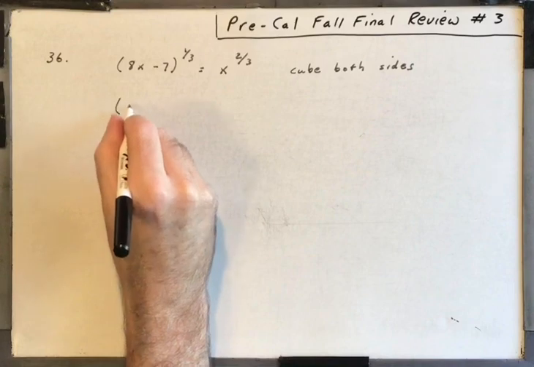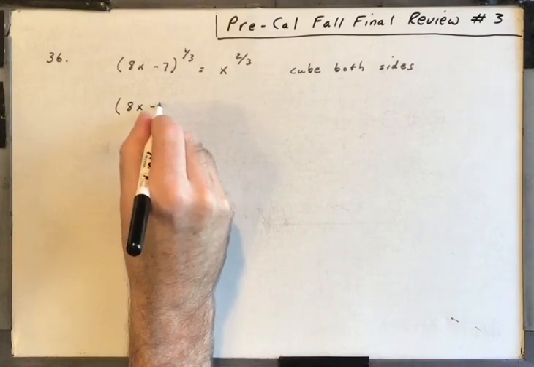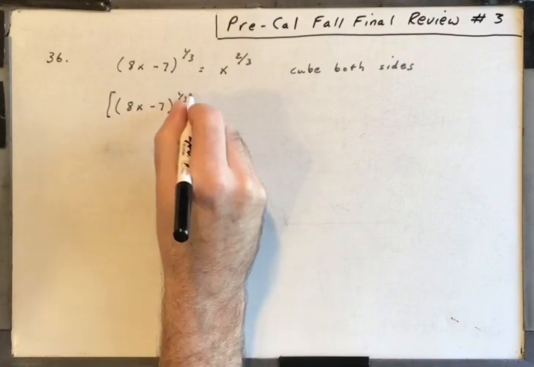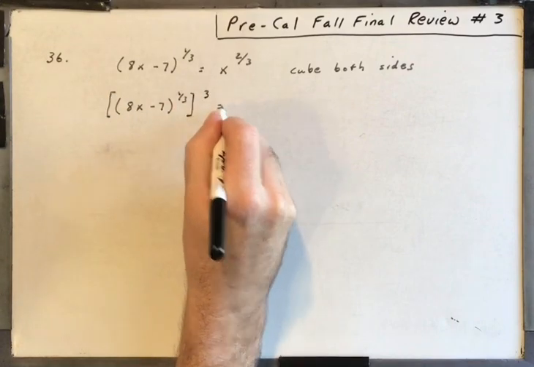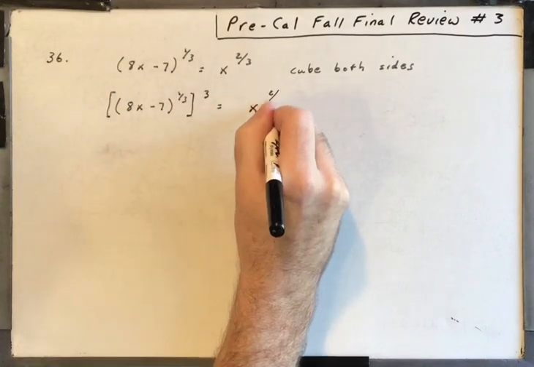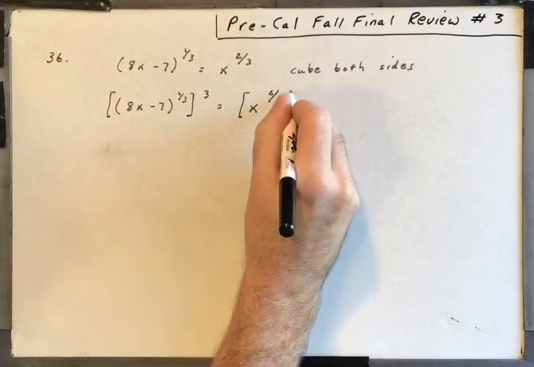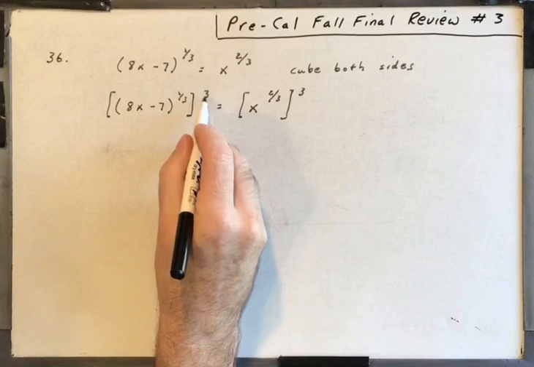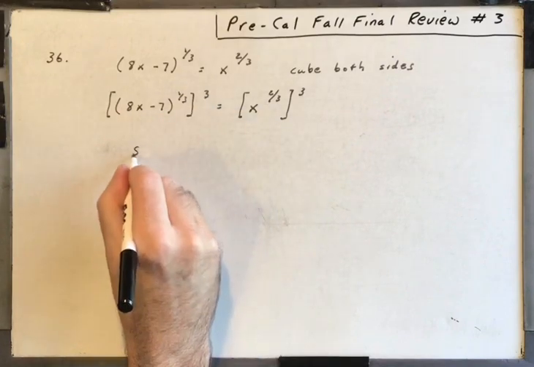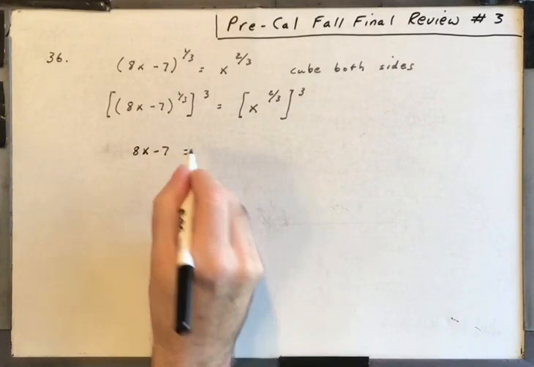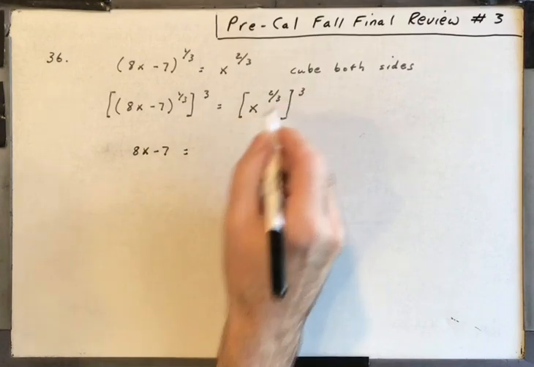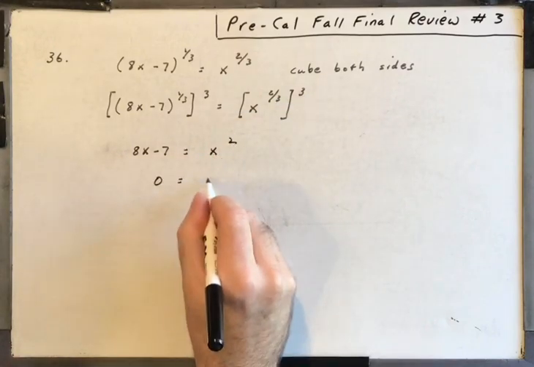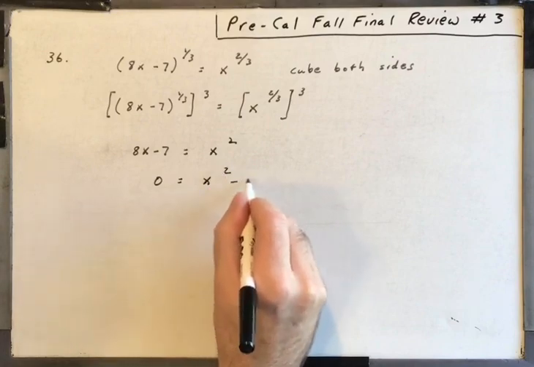You probably wouldn't put this step on your paper, but if we were to cube that, then 1/3 times 3 is just 1, so you'd have 8x minus 7, and then 2/3 times 3 would be x squared. So now we can solve it just as a quadratic.